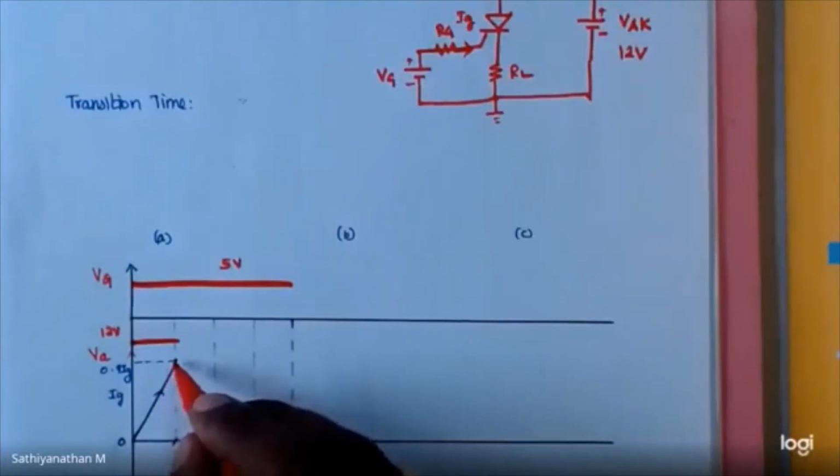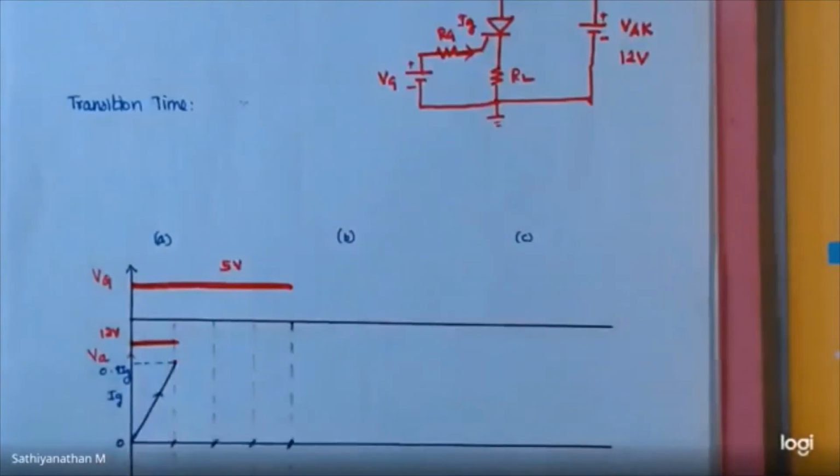The requirement is somewhat higher, so you have to fix the required gate current to turn on the device. Now the gate current has reached almost 90% of its value, and up to this nothing is happening.